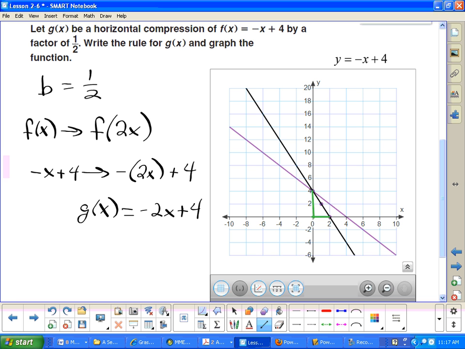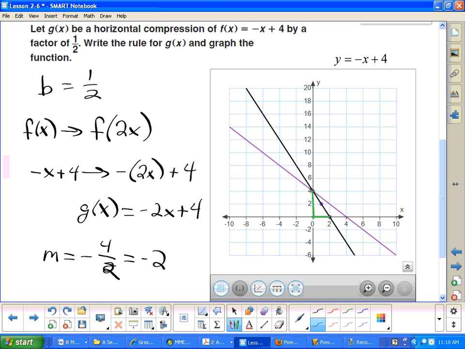So negative 4 over 2 for the slope, which is negative 2. So by doing that compression, my slope is now doubled, right? So it did the opposite, okay? Instead of multiplying by 1/2, I ended up doubling the slope. Okay? But my y-intercept stayed the same.